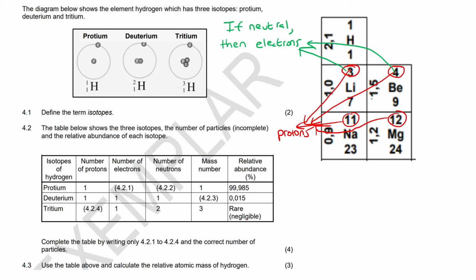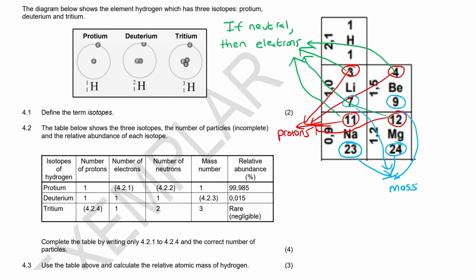Most times it is going to be like that. It's going to be a neutral atom where it's not going to have a charge, positive or negative. Okay? Then by looking at this number at the bottom, that is the mass of the molecule. So that's your mass.